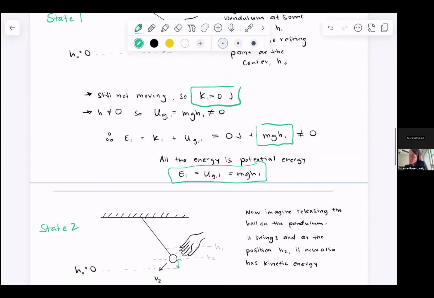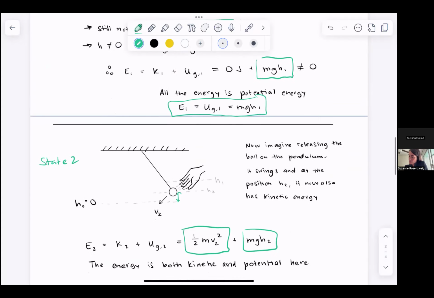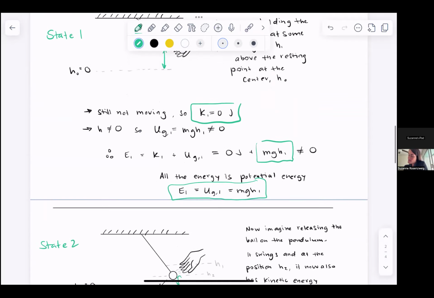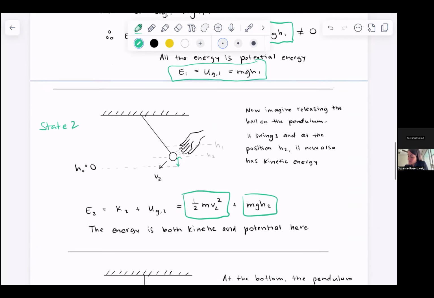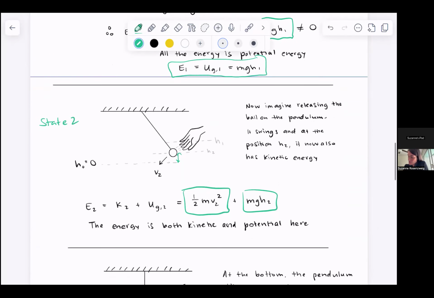So what we've seen happening between states 1 and 2 is a transfer of energy. It was all potential energy up here, and now it's got some blend of kinetic and potential energy. But it's important to know that the energy in state 1 is equal to the energy in state 2 because energy must be conserved.